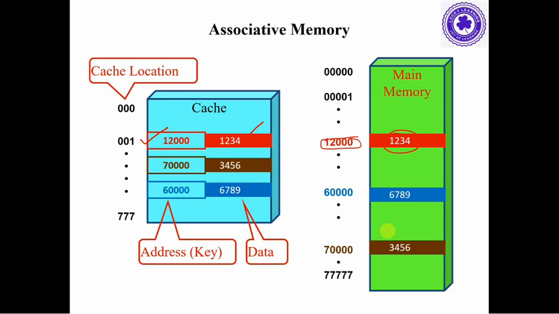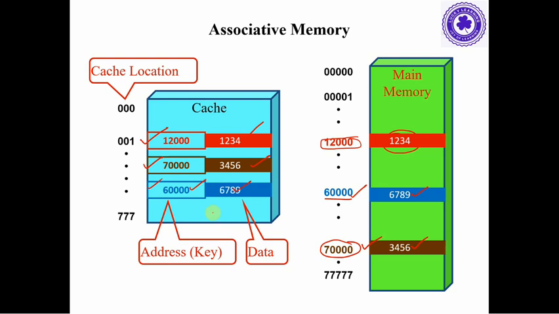Next, whenever the CPU requires this word, what is to be stored? The address 70000 and the data 3456. That is to be stored into the cache. Next, whenever the CPU requires the 60000 location data, it stores the 60000 address and this data into the cache.